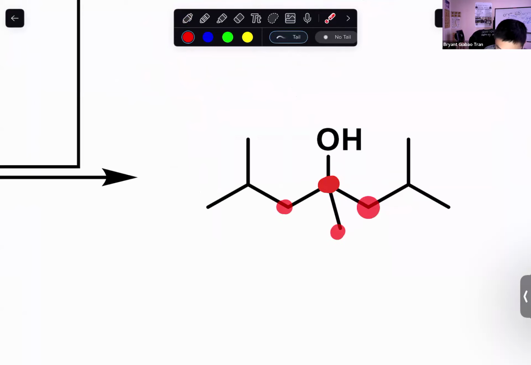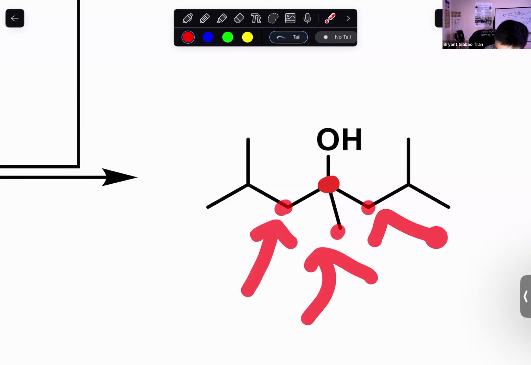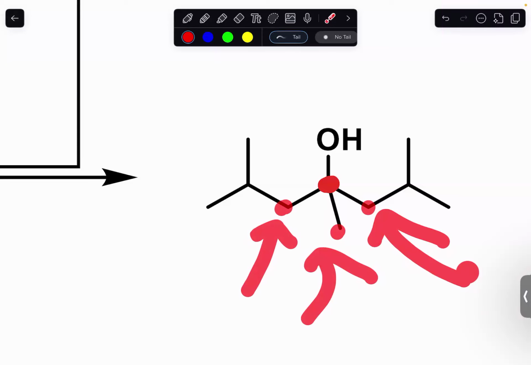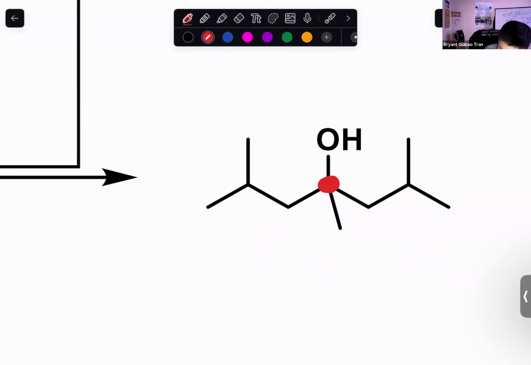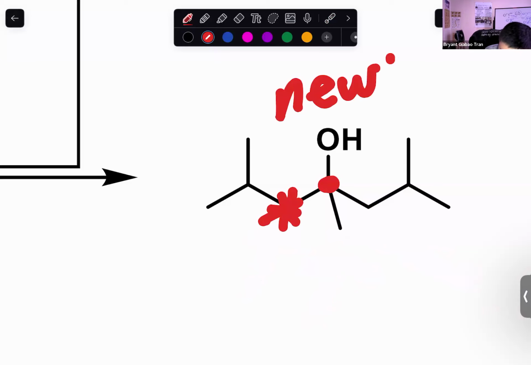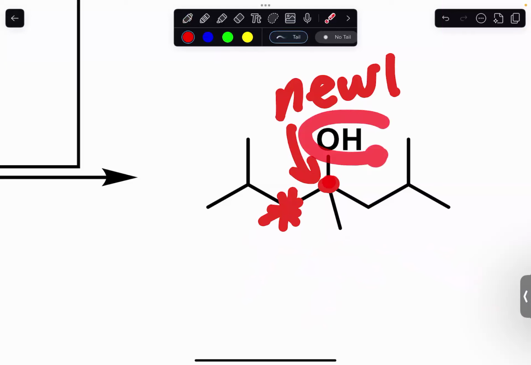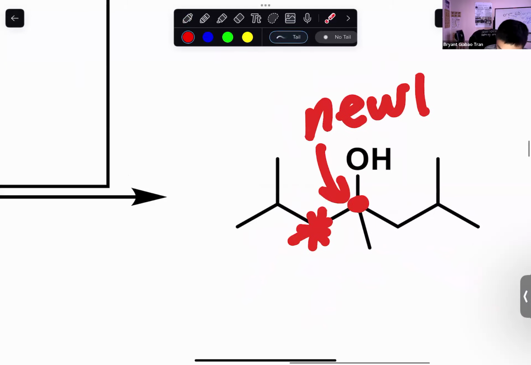So it doesn't matter which one it is. Which one do you want to be your starred carbon? The left, middle, or right? The left one. Okay. So if you want this left one to be your star carbon, this would have been your new bond that got formed between the star and dot, right? Where the dot, the alcohol used to be carbonyl.